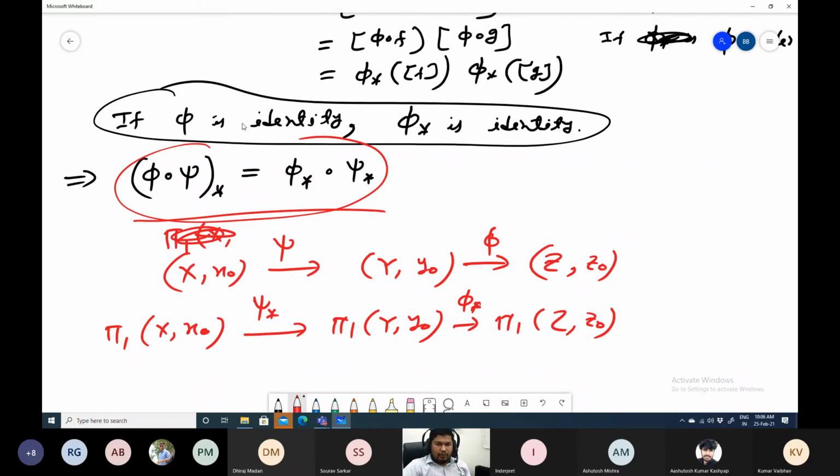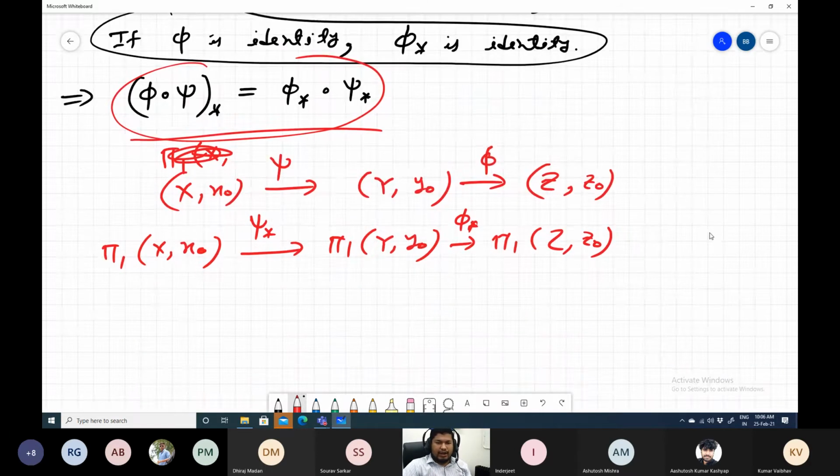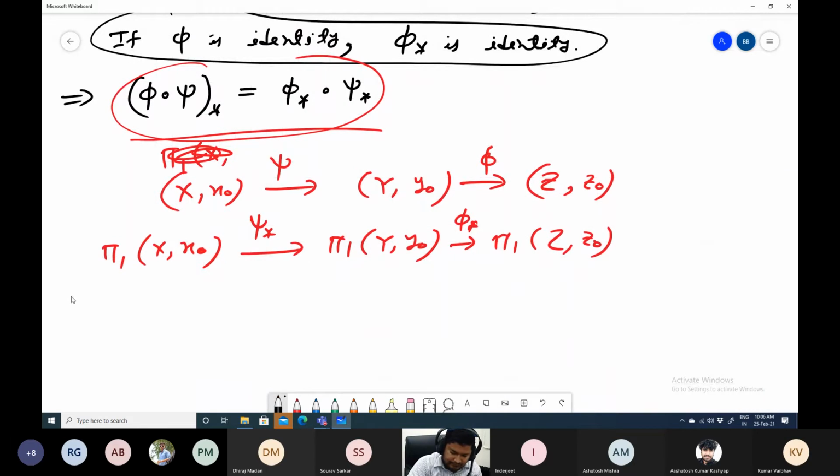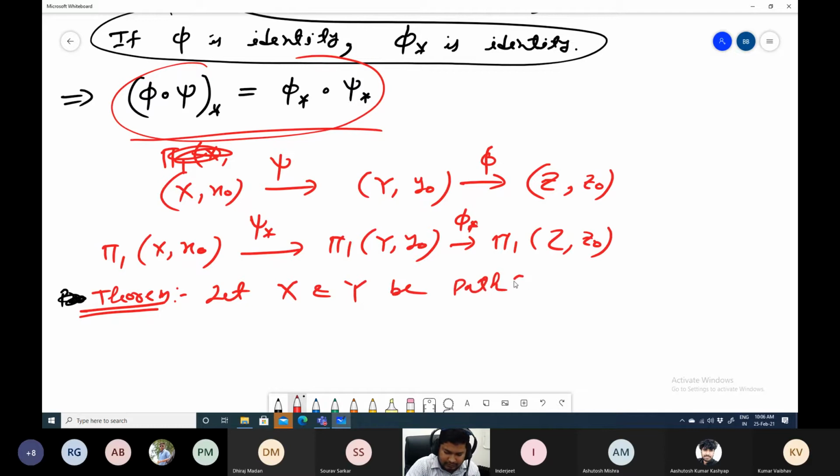Now we will combine these two and prove one theorem. Let x and y be path connected topological spaces.